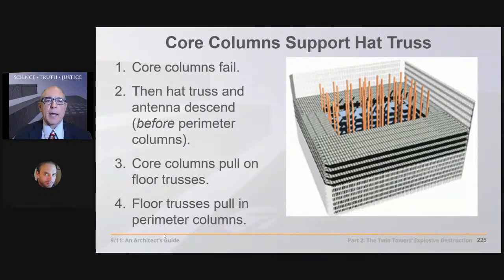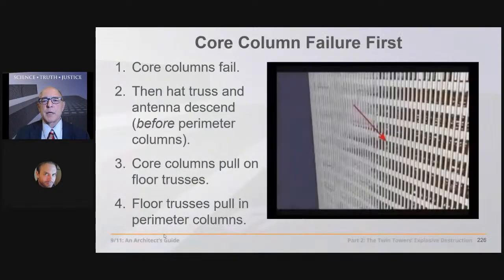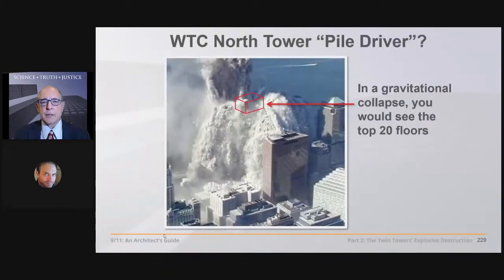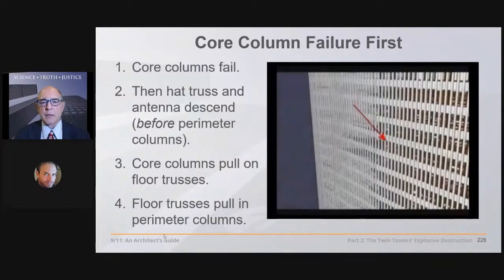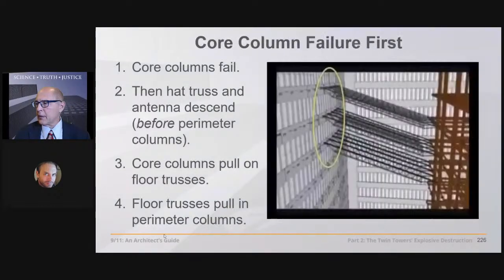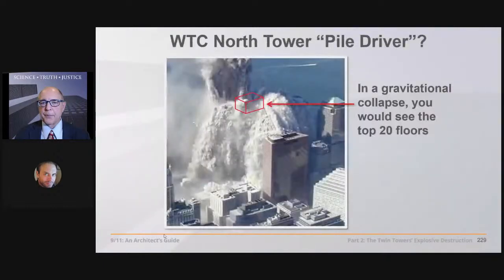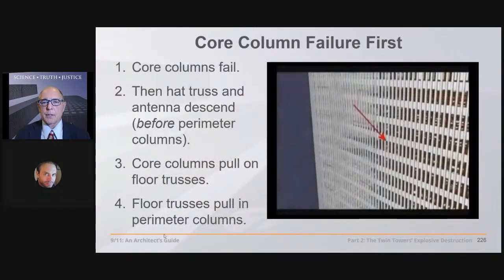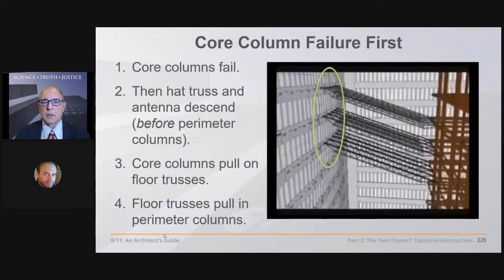So then what happens after the core columns fail? Well, they pull on the floor trusses, which then pulls on the perimeter columns, as you see here in this very rough video. Let's see if we can get that video to play. Oh, interesting. There we go.